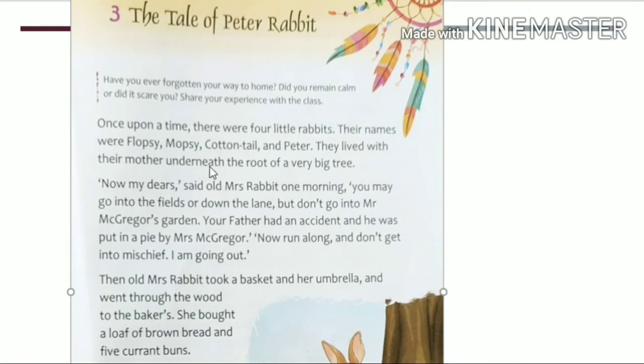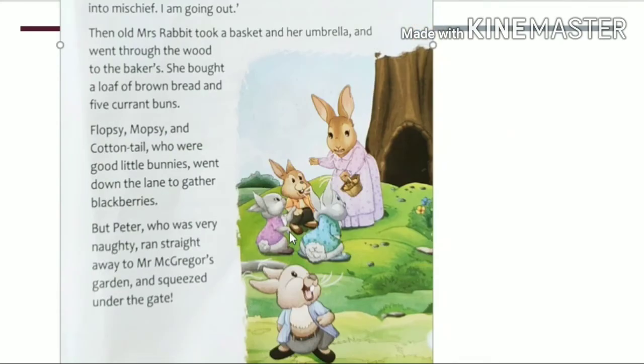So can you see the 4 little rabbits here? 1, 2, 3, 4. 4 little bunnies, and this is Mrs. Rabbit. Their names were Flopsy, Mopsy, Cottontail and Peter. They lived with their mother below the root of a very big tree.